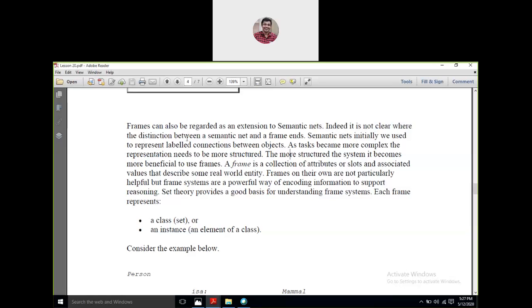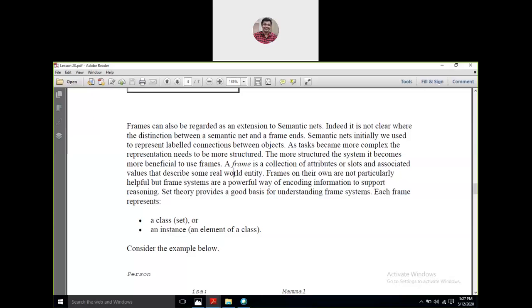The semantic net initially we used to represent labeled connection between objects, but the task becomes more complex. I've said this, when the representation needs to be more structured. That means while we are talking about semantic nets, it is generally less structured as compared to that of the frames. This is the beautiful definition of frame out here. So the more structured the system becomes, the more beneficial it is for us to use the frames.